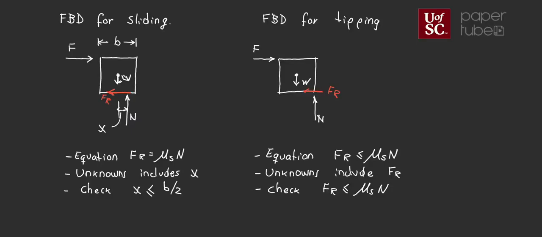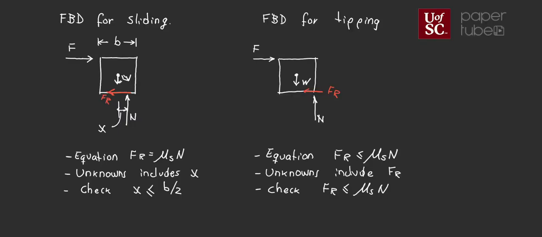So in a nutshell, what you want to do with this type of problem is choose one of the two. If it's tipping, you go with the right-hand side free body diagram, solve for your unknowns, and then do the check. The check is absolutely necessary in that case. And the check for tipping is that the friction force is less than mu s times N. If you assume that it is sliding, then you go with the left-hand side free body diagram.